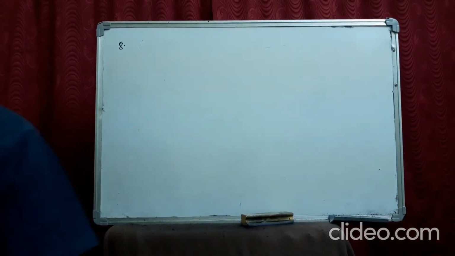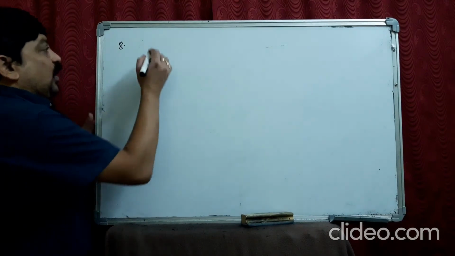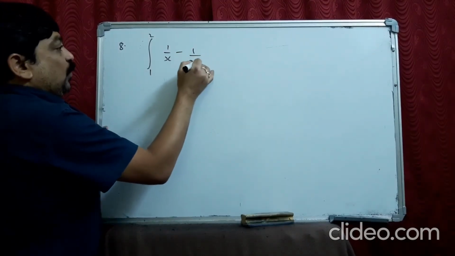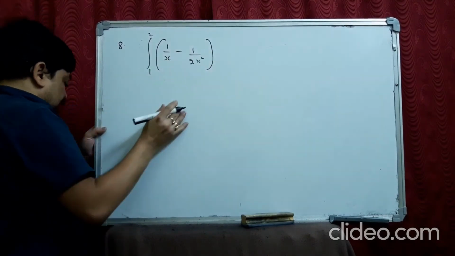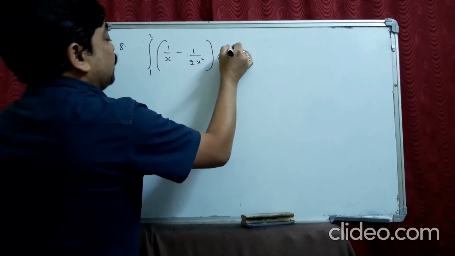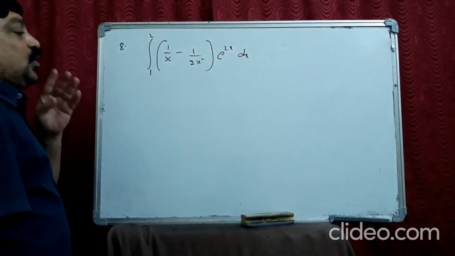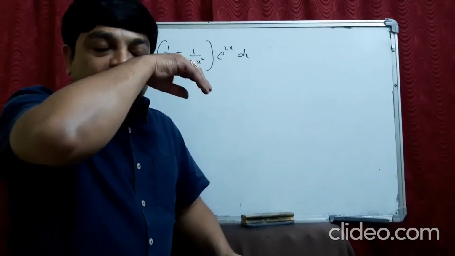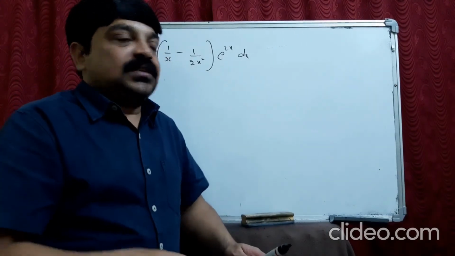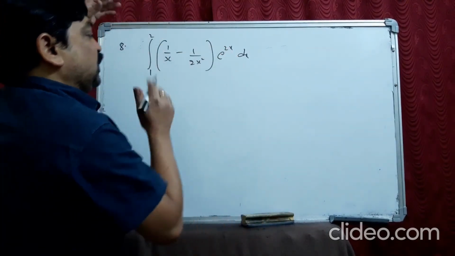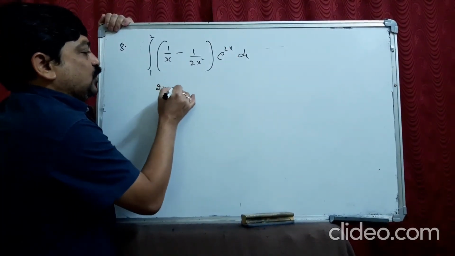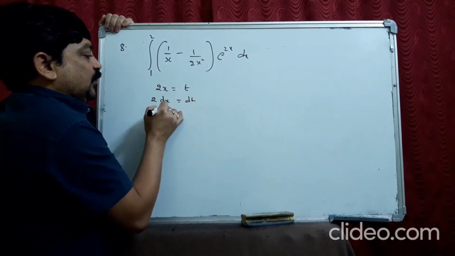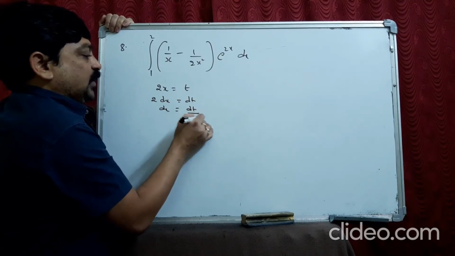See the 8th question. Integration of 1 to 2, 1 by x minus 1 by 2x square into e power 2x. If you have something like this, you should convert it like e power x into f x plus f dash x. But you can do that only if it is e power x. But here it is e power 2x. So let us substitute 2x equal to t. 2 dx is dt. But we have only dx, so you can write dt by 2.